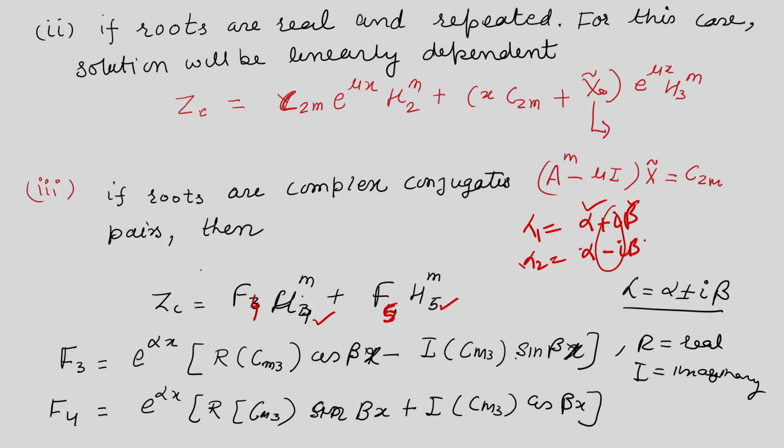So, the 4th and 5th roots, where F4 will be e raised to power of alpha x, alpha is the real part of that root, times the real part of the eigenvector and cos of beta x, beta is the imaginary part of the root, minus the imaginary part of the eigenvector and sin beta x, and F5 can be written like this. So, there are a number of ways to write the solutions.